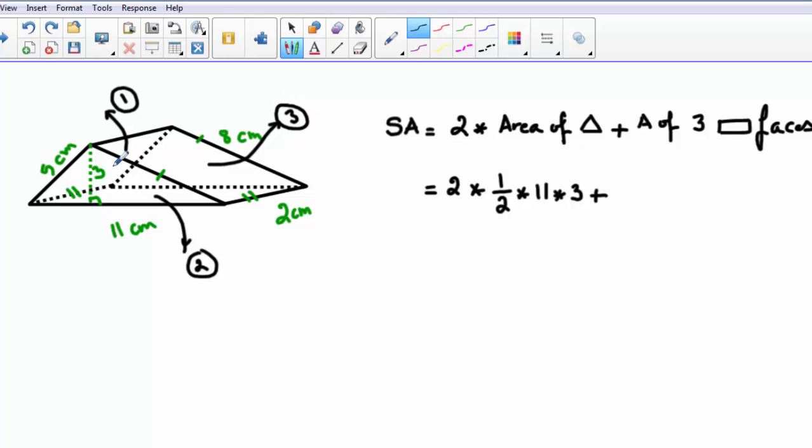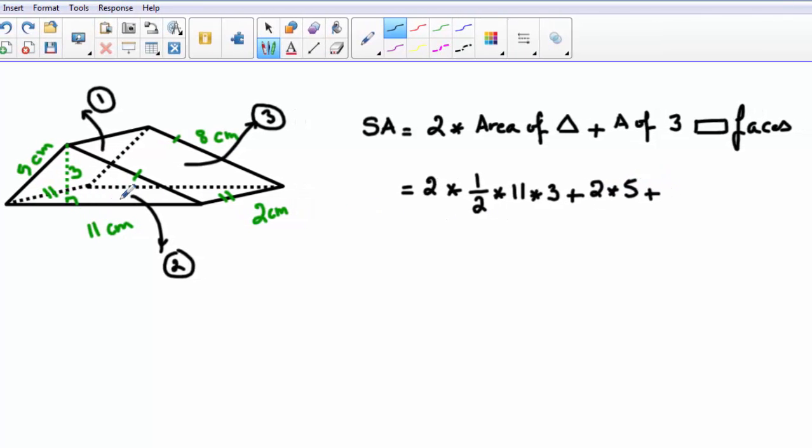So, the area of face 1, this rectangle, is what? It's 5 by 2. This dimension is 2, so it's 2 here. So 2 by 5, right away, 2 by 5, plus. Number 2, the base, is what? It's 2 by 11. 2 by 11, plus.